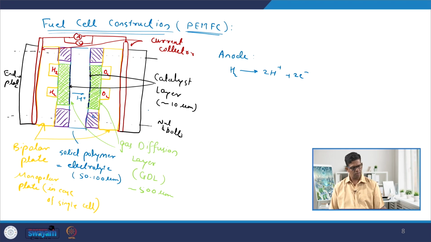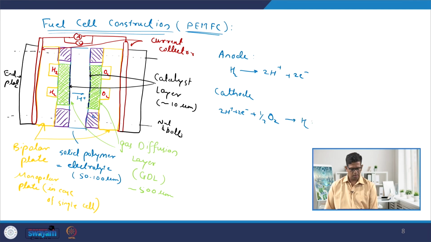And at cathode, once they reach the current collector, from this current collector they again jump to bipolar plate. From bipolar plate they again reach the catalyst layer through gas diffusion layer, and at cathode, as we know, these protons through the electrolyte plus electrons through the external circuit plus oxygen which is supplied through these channels combine together to form water.